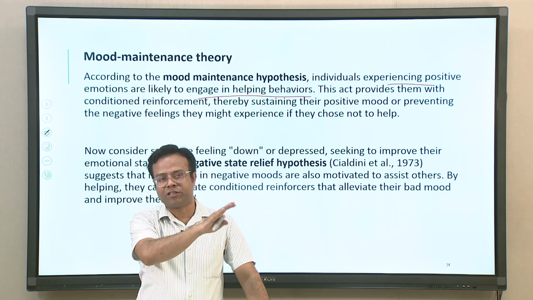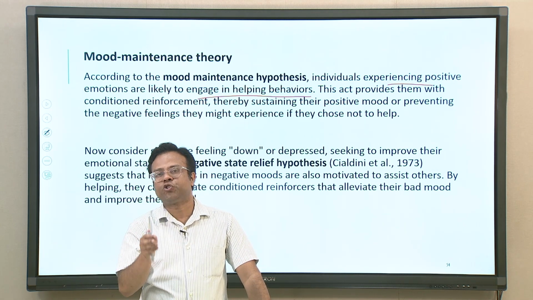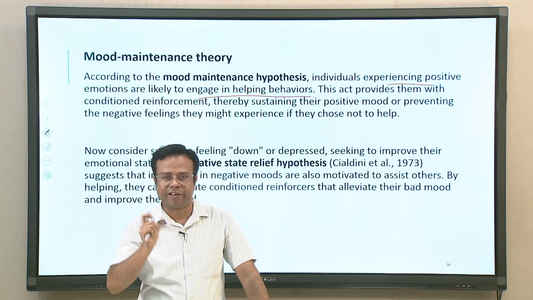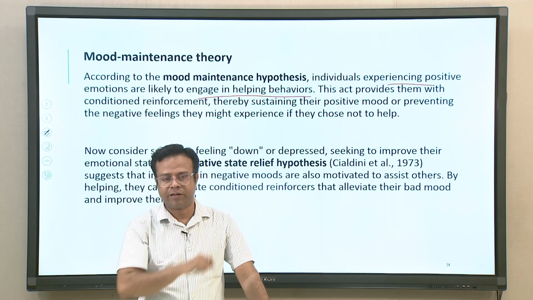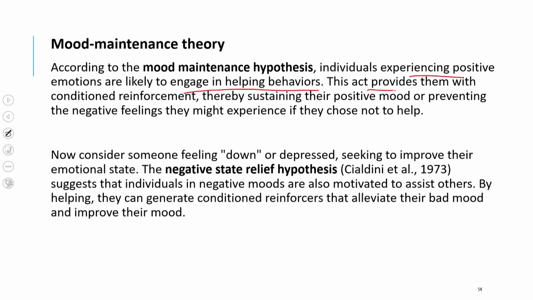In the earlier case, the motivation was to remove the negative state. In this case, the motivation is to maintain that positive emotion state. So, the motivation is very much the same in both. This act provides them with conditional reinforcement, thereby sustaining their positive mood or preventing the negative feeling they might experience if they choose not to help.